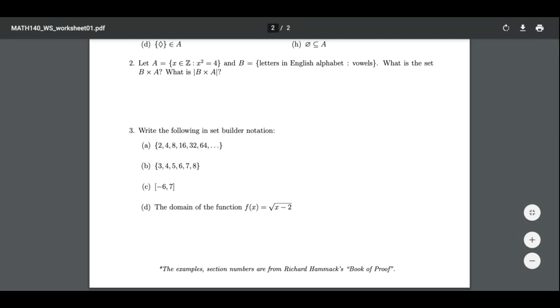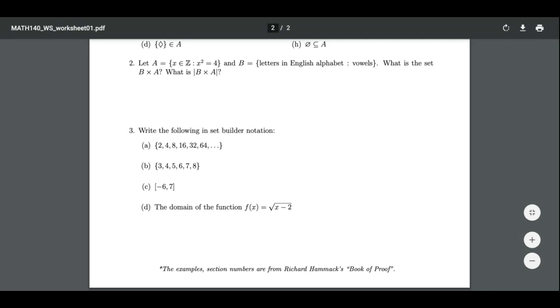C is the interval notation, so let me write it here: -6 to 7. This interval notation is for real numbers.